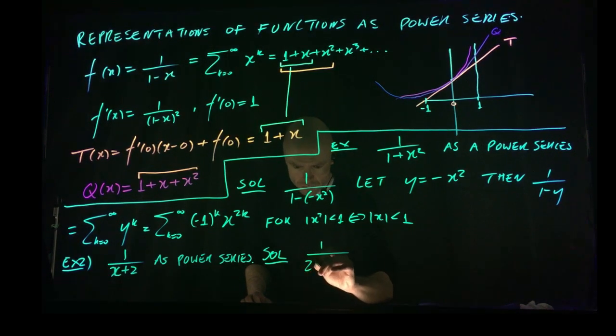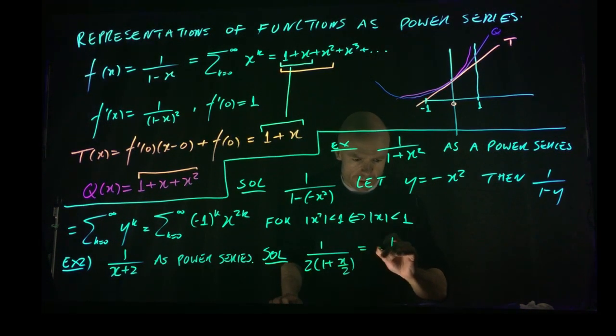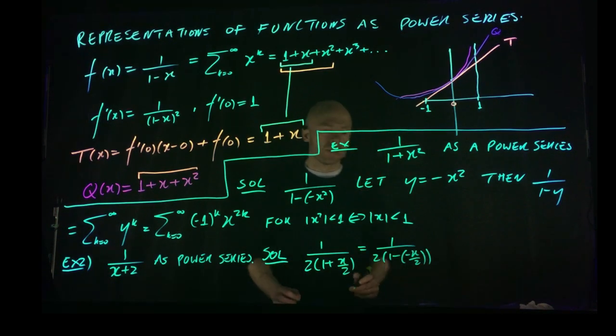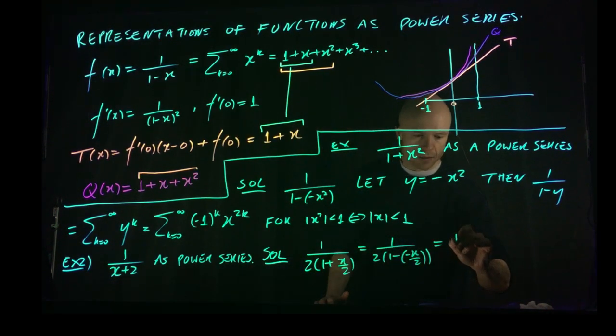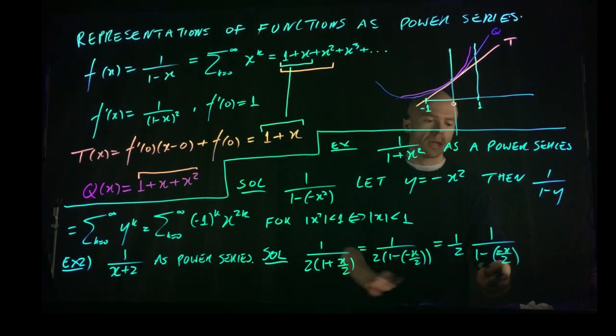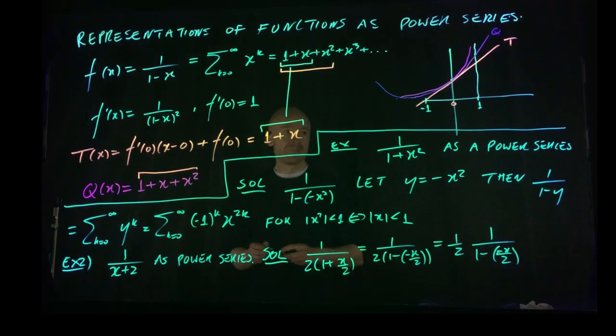Let's factor out the 2, and then we're going to have 1 plus x over 2, which we can write as 1 over 2 times 1 over 1 minus (minus x over 2). And then we're going to let y be this expression inside the bracket and expand it out.